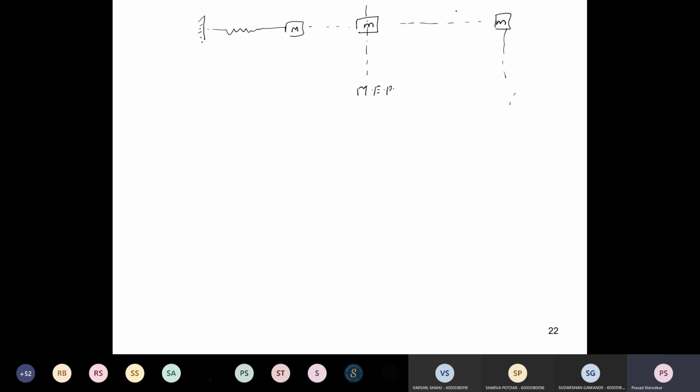This is your x0. Initially the mass is at x0, then it is released and goes to the left-hand side, at a distance of x1 bar. Then again it returns. So this is position 1, this is 2, and from 2 again it goes to the right-hand side of the mean equilibrium position.